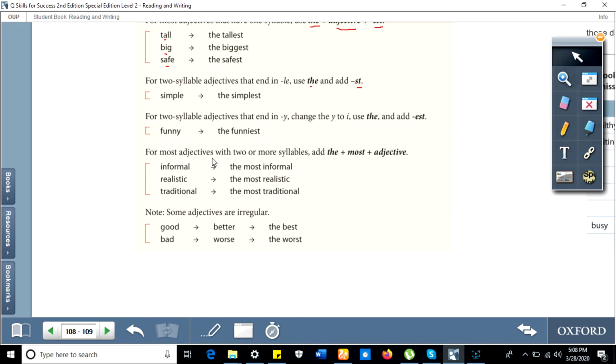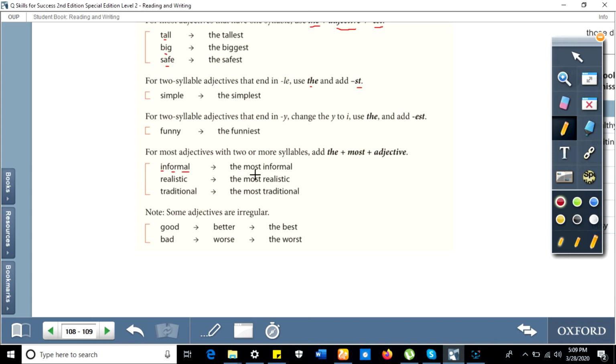For most adjectives with two or more syllables, other than these, so most of the adjectives that are two or more syllables but not like these ones here, like informal, we have in, for, mal, now we have three syllables.